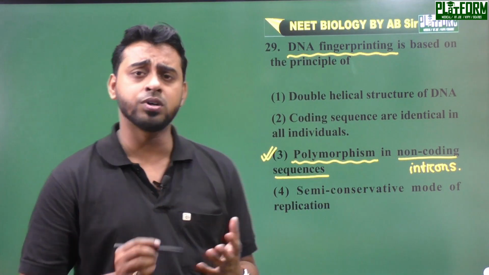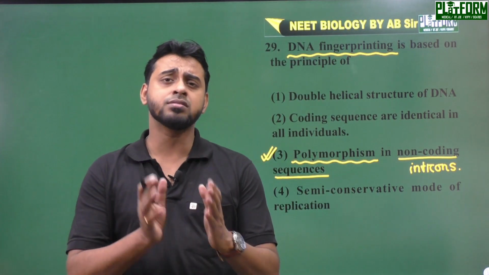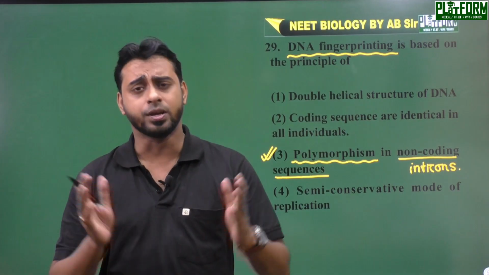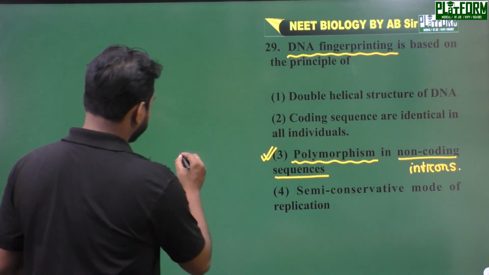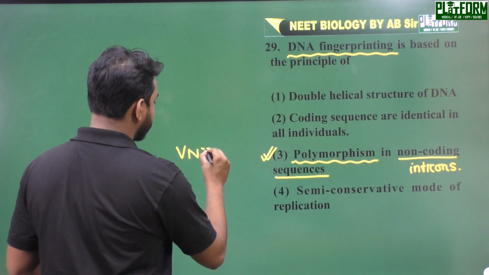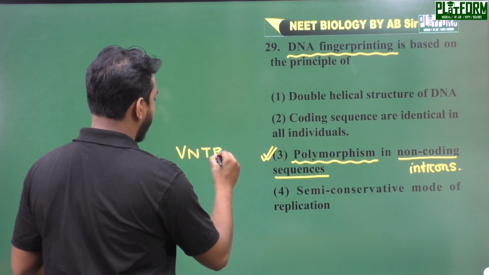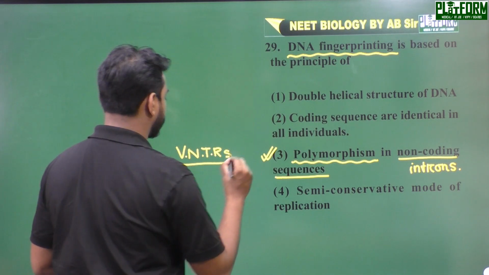Actually, in humans, it is observed that the non-coding sequence, that means the introns, are of two types. One part of the introns is known as VNTRs. This is a very important term, VNTRs.